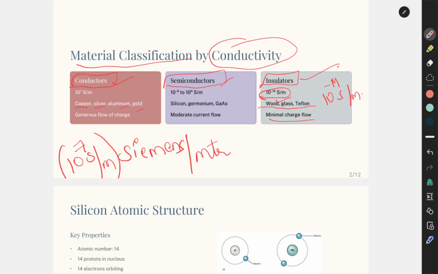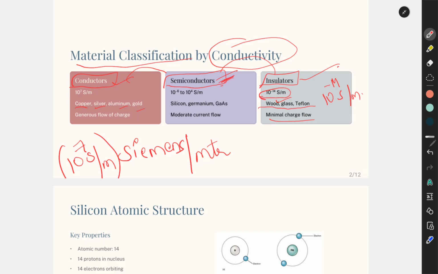By adding some impurities, the conductivity of the semiconductor can be changed, it can be increased. For this purpose we use semiconductors in designing electronic devices. Understood? The semiconductor's conductivity is between conductors and insulators.